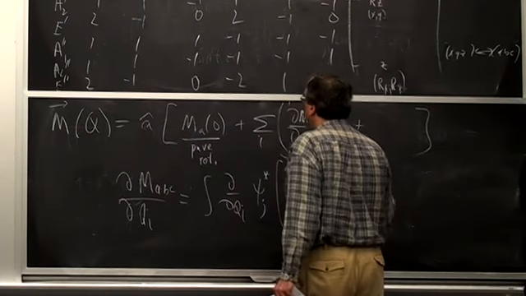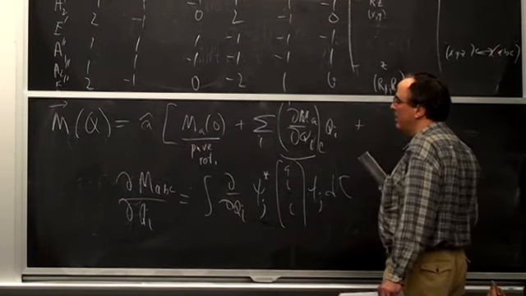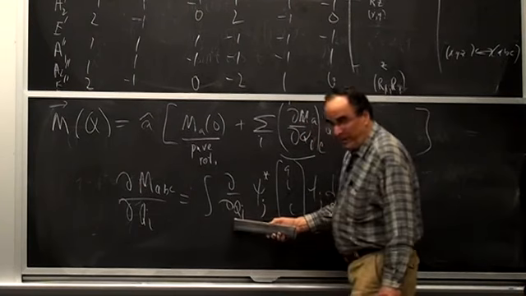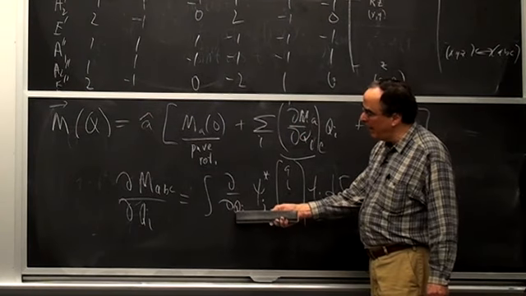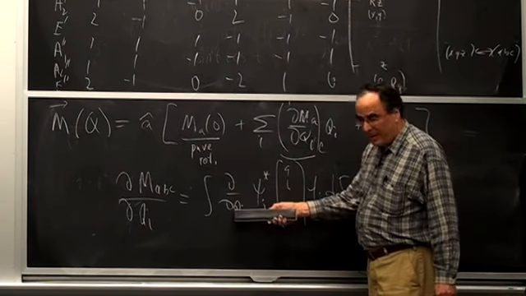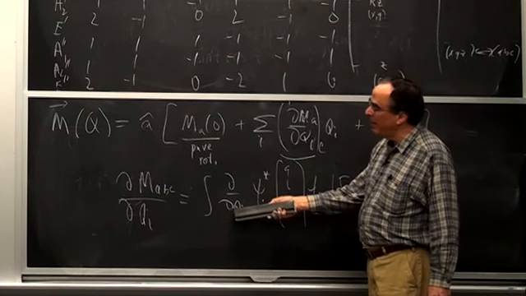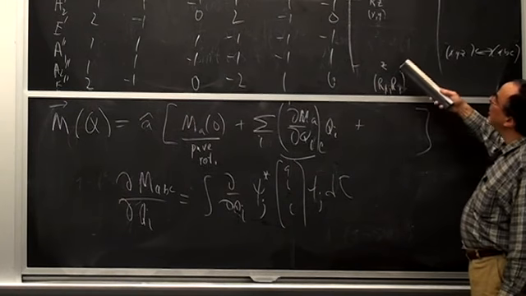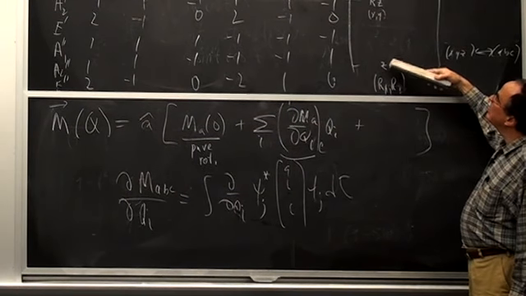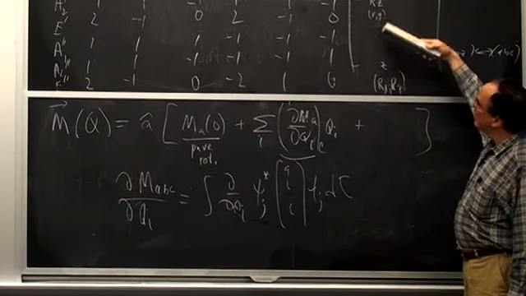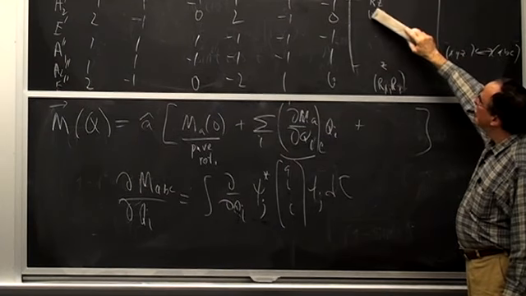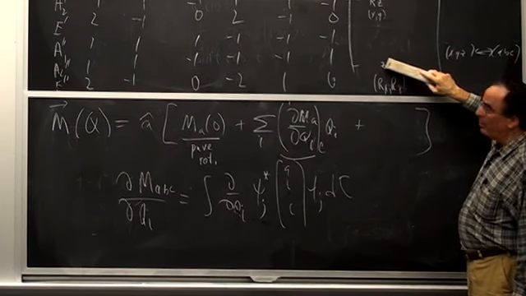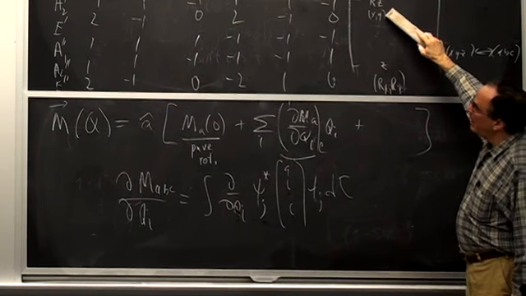Now we know that the derivative with respect to q i has the same symmetry species as q i, and so we then look at the transition moment, the three possibilities for the transition moment.